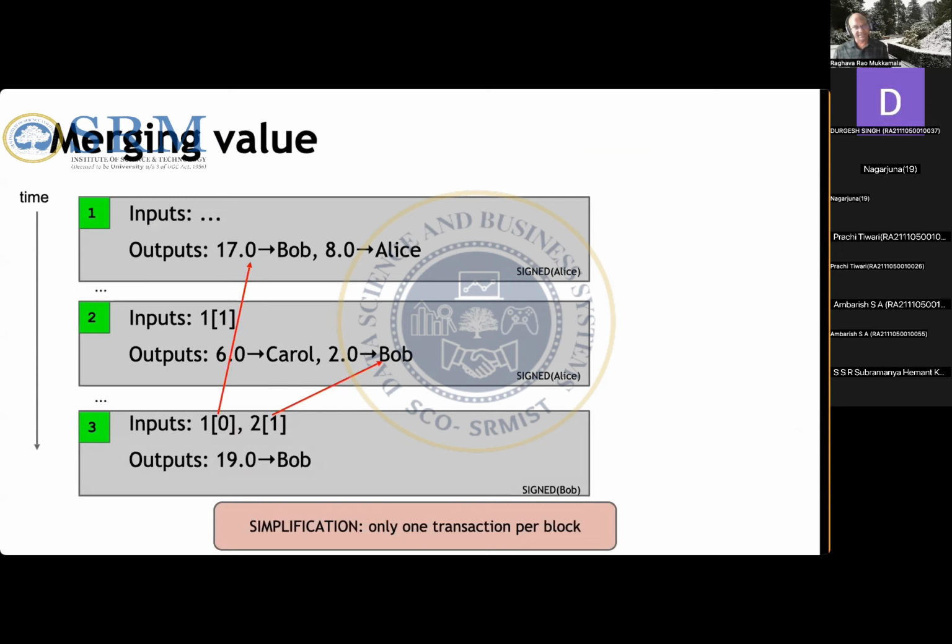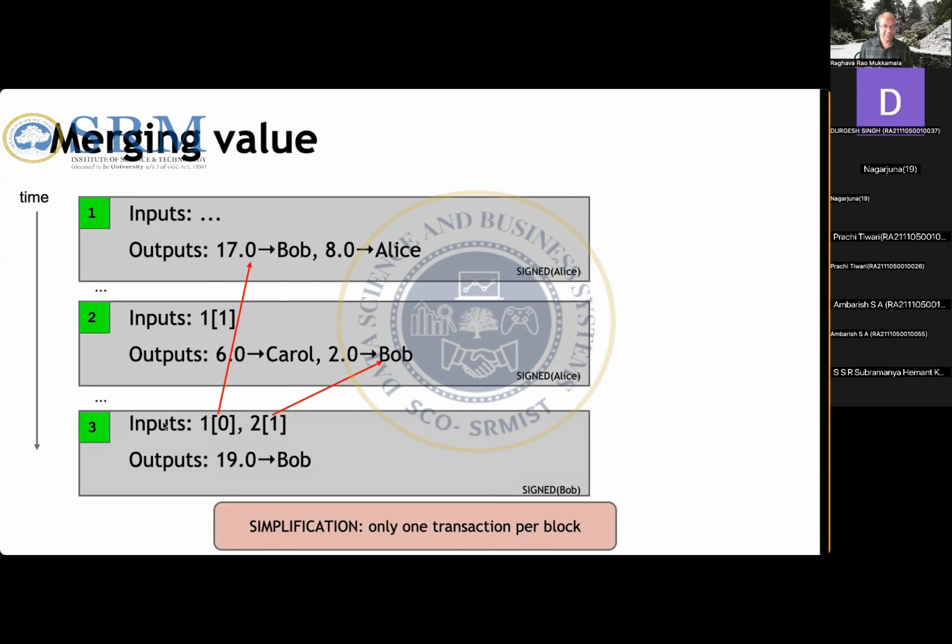Then we look into the transactions. So now let's say that Bob receives two inputs. In the first transaction, Bob has 17 coins. And in the second transaction, Bob has received two coins. Now let us say that Bob wants to merge these two coins and output one single coin.